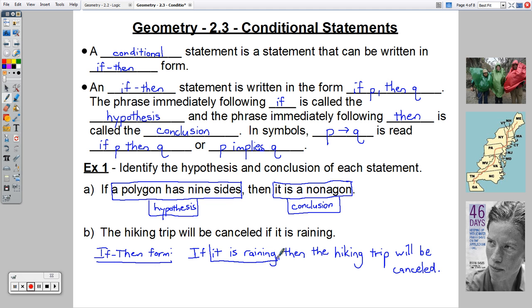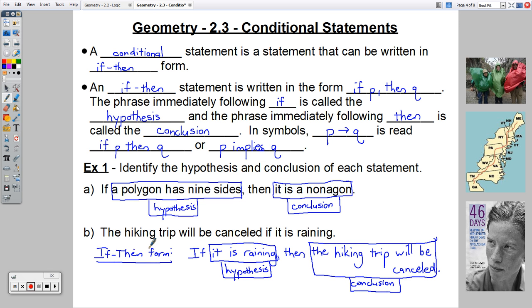So this phrase, it is raining, would be the hypothesis. And then this part, the hiking trip will be canceled, that would be the conclusion. So you can rewrite a phrase in if-then form oftentimes, even if it's not in that form or if it doesn't have the words if and then in it to begin with.